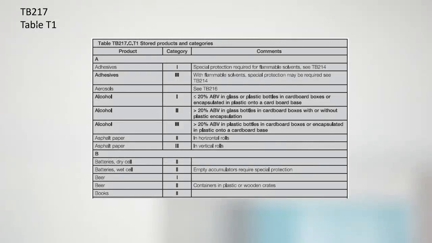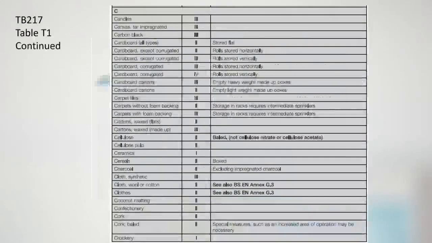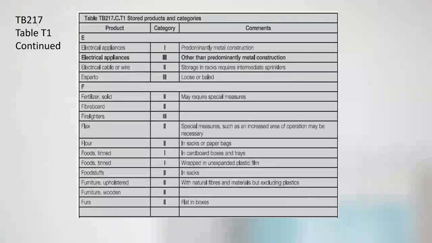If it's over 20%, it's category 2. Beer, category 2. Keep going on about alcohol. So that gives you an idea where to find it. If you're planning to look at that, get into TB217, look down the left hand side, make sure you note how it's been stored, and that'll give you the category of the goods.